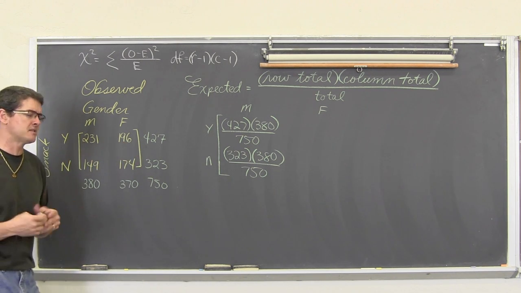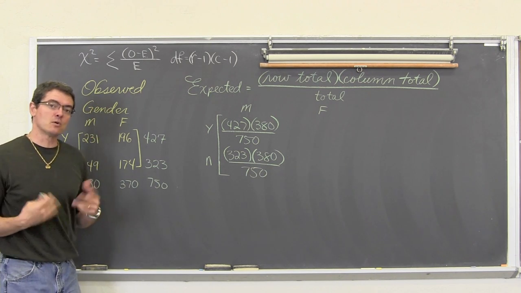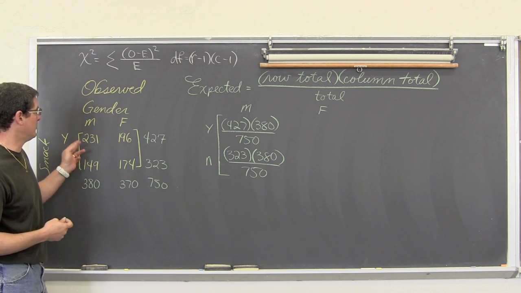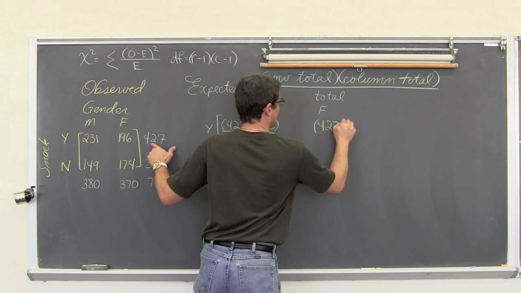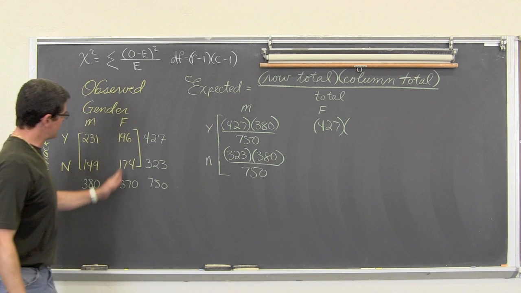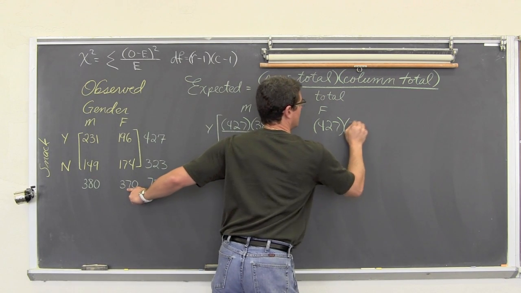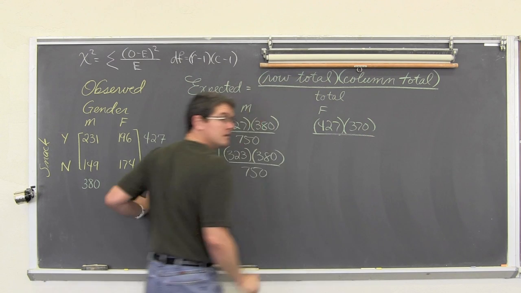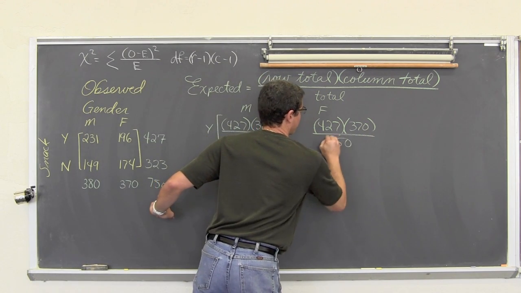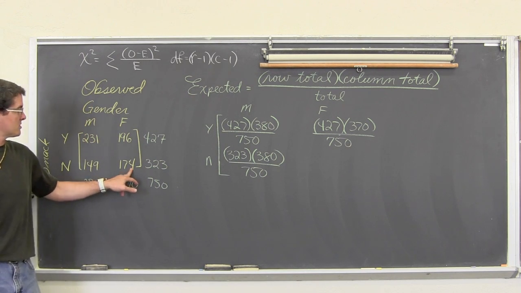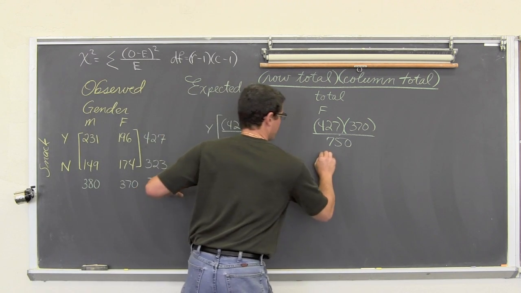What were we expecting if there was no association between gender and snacking habits, or if the proportions were equal? Well, that would be 427 times the sum of that column, which is 370, divided by, again, the 750. And finally, the last cell here, second row, second column, the sum of that is 323.